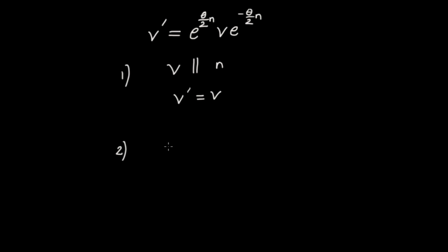The other nice case is that, let's suppose that v is perpendicular to n. Now we learned that when v is perpendicular to n, these two can be commuted, but you've got to put a minus sign in there. So what you actually get is the positive right there. So you get e to the theta over 2 times n times e to the positive theta over 2 times n, then times v. And then those two combine to give you e to the theta n times v.